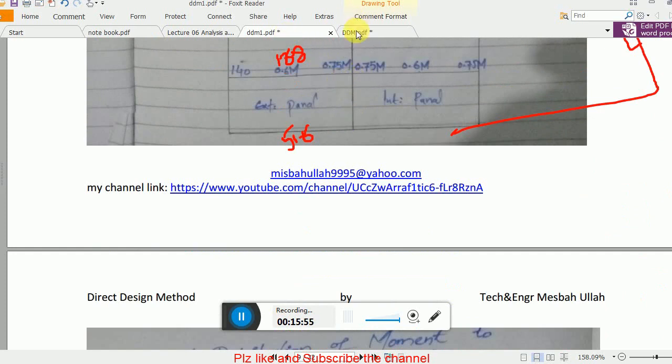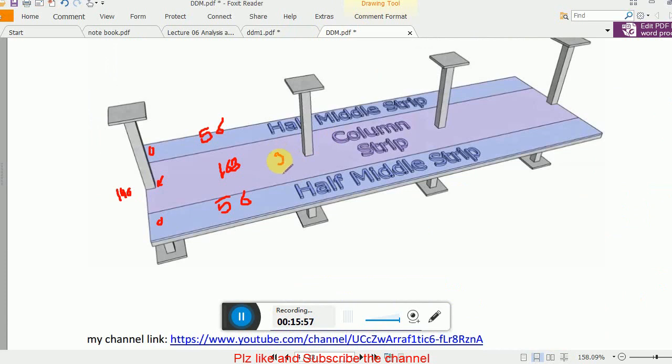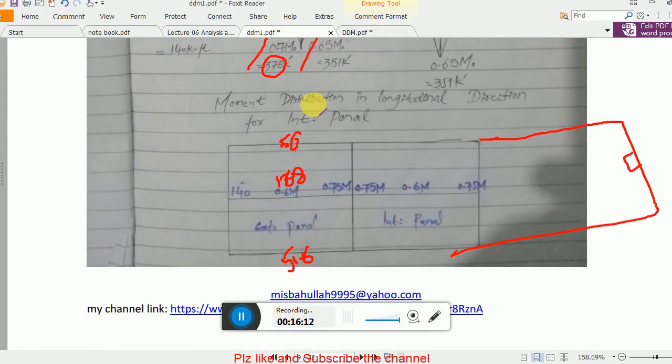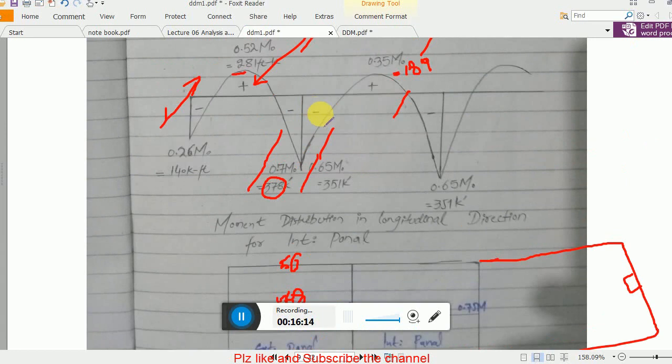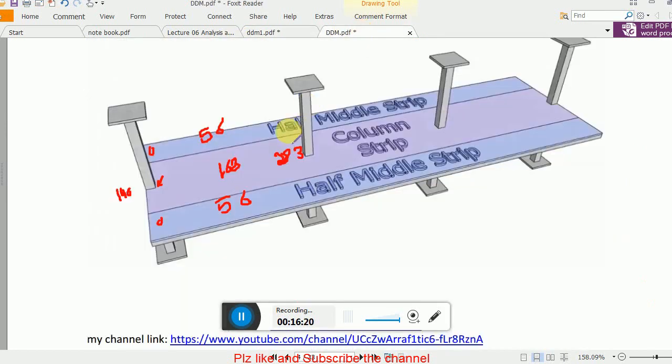So 283 will be absorbed here, while 12.5% will be here and 12.5% will be here. 0.125 times 378 gives me 47. So this means that 47 will be here and 47 will be here. Clear?